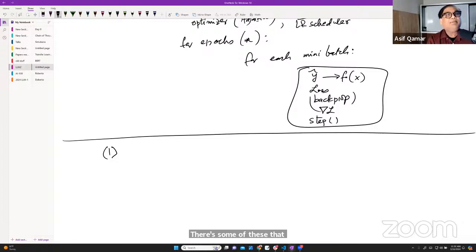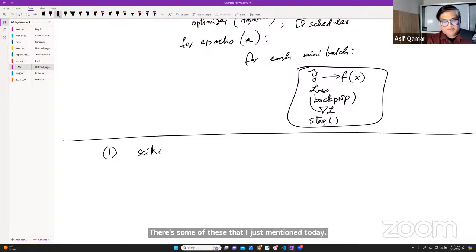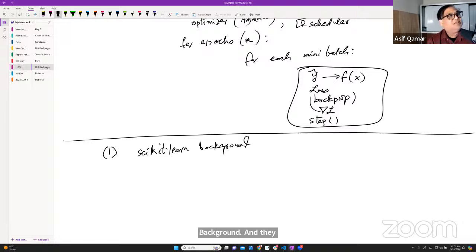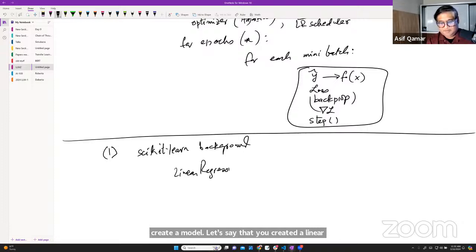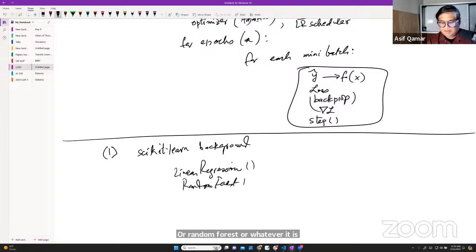One is people come from the scikit-learn background, and they remember that there you would create a model. Let's say that you created a linear regression model or random forest or whatever it is, a random forest regressor.